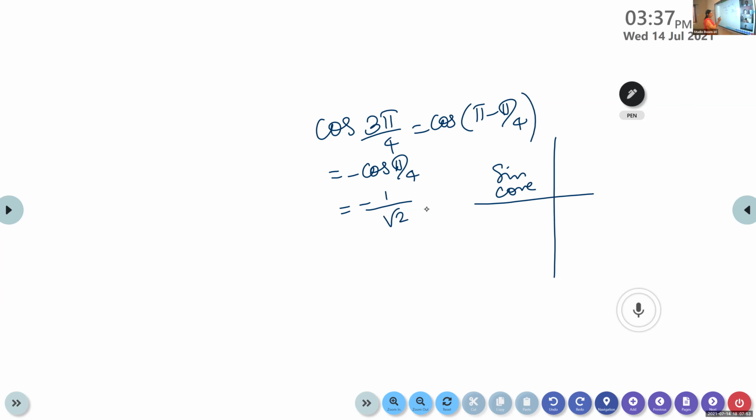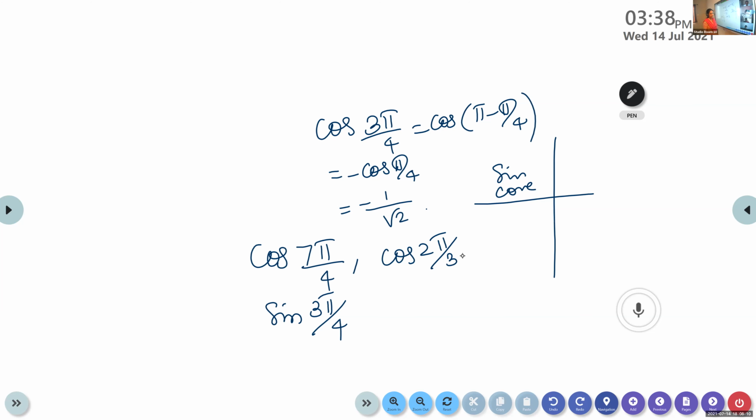Note down this too and find out the values. What is cos 7 pi by 4? Sine 3 pi by 4? Cos 2 pi by 3? If you learn these values, tomorrow we can do it easily.